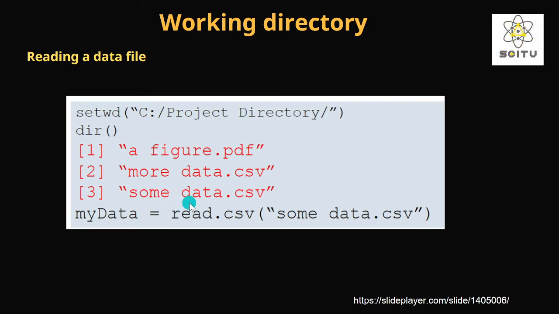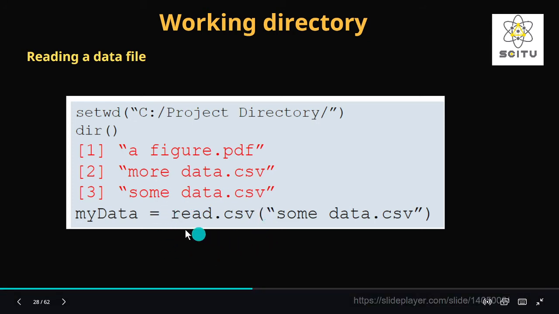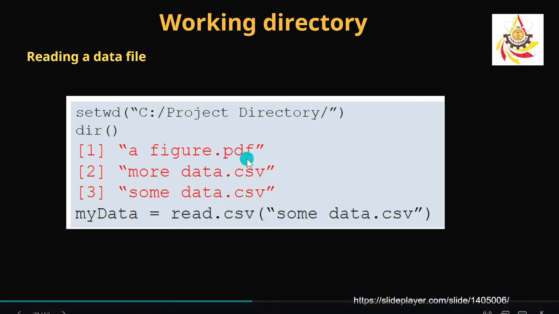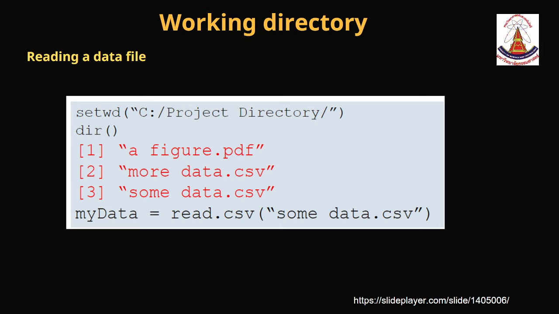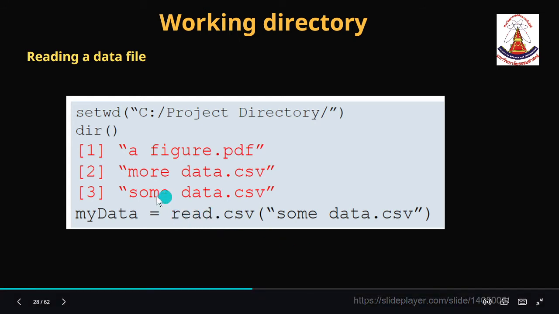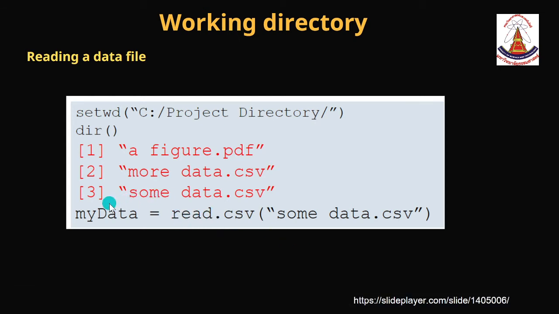If you would like to read data, you can use the read.csv command, for CSV data, which is one pattern of spreadsheet. You can read this data and set it inside a variable. The parameter is the name, my data. My data refers to some data.csv.